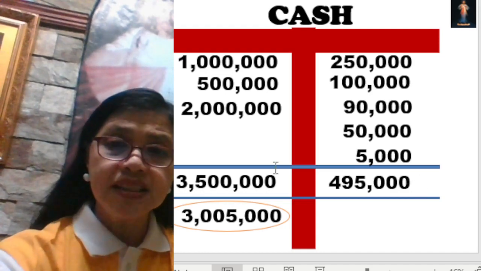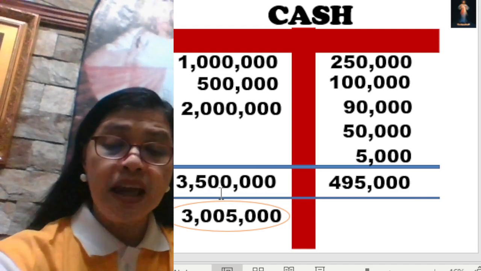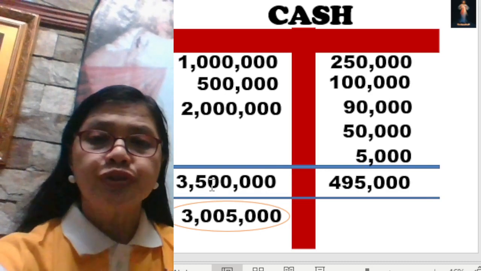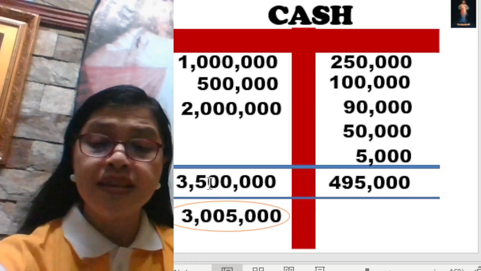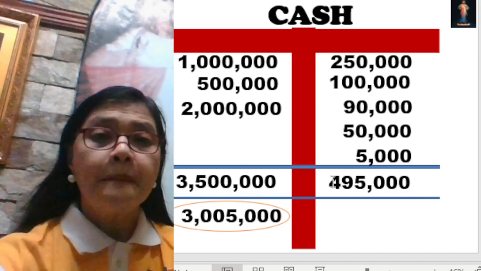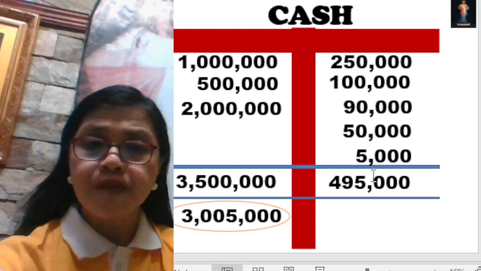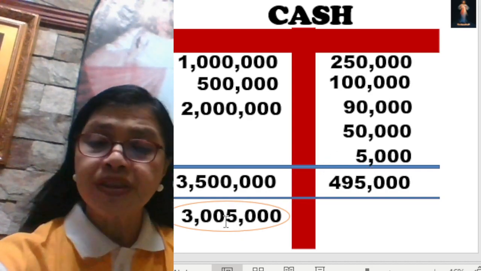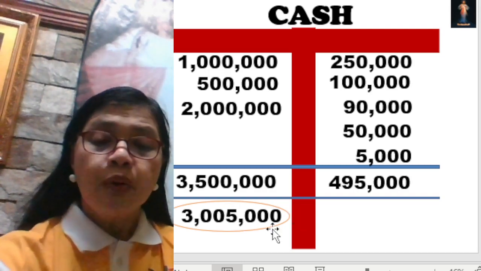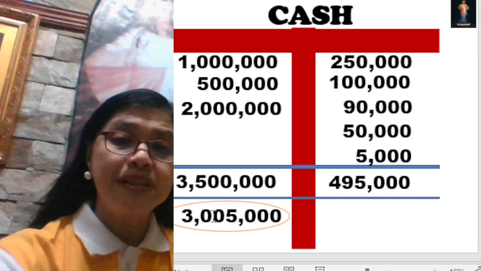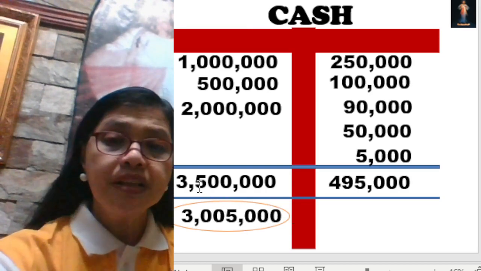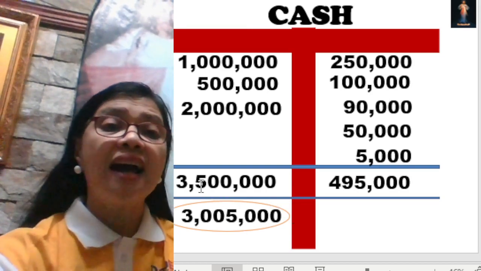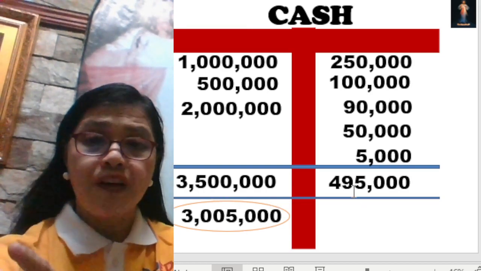What is the next thing that you will do? Since the debit has higher value, you deduct 3,500,000 minus 495,000, you will get 3,005,000. Why do you put 3 million on the debit side? Because 3,500,000 is higher than 495,000.